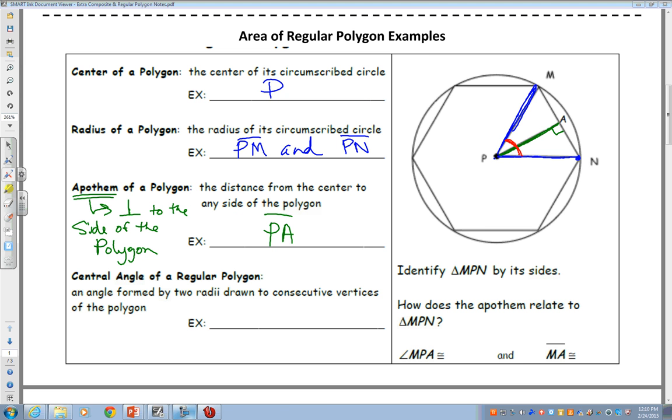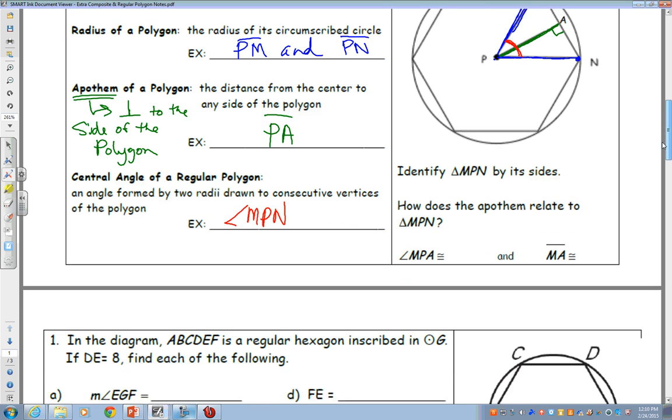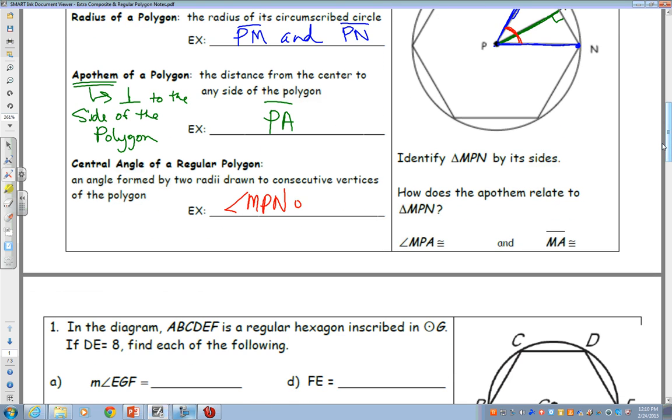Go ahead and put the arc there to show where the central angle is. We're going to name it MPN, or I could say NPM. Order doesn't matter. What matters is that P has to be in the middle to show it's the vertex of the angle.